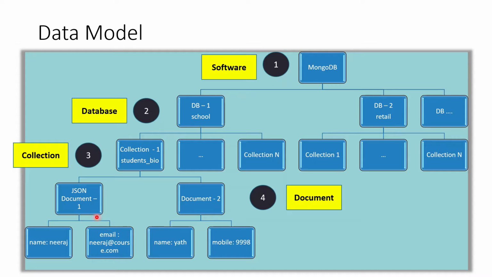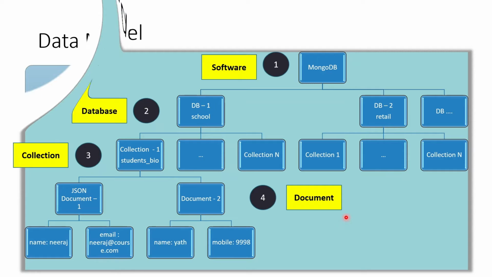So all the documents or rows in a collection can have different fields inside them. I hope this gives you a better picture of how data is structured, or how the hierarchy of data happens, in MongoDB.